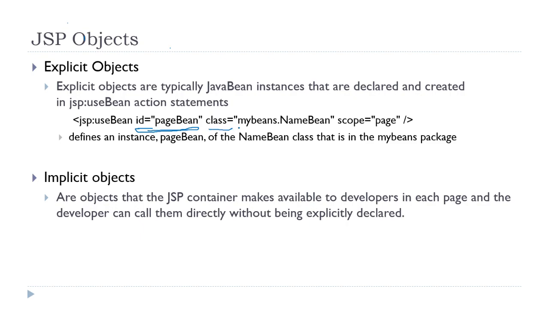Here we specify the class, where mybeans is the package name and namebean is the name of the class. We can also specify the scope of the given object. We can create our object in any of the four scopes of a JSP, so we can specify page, session, application, or request here.